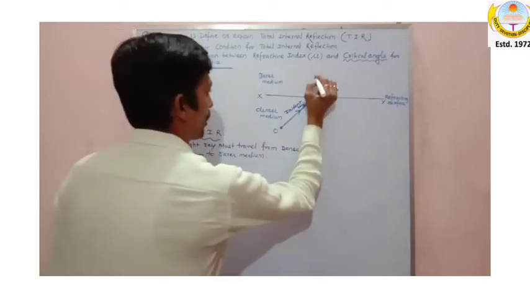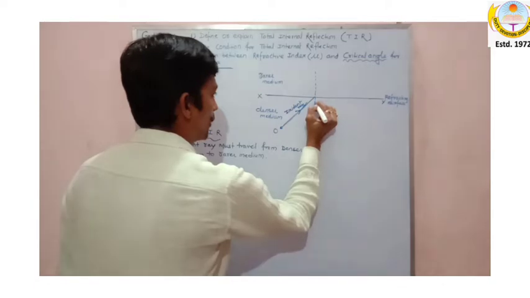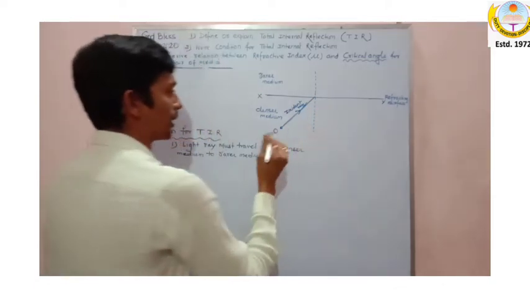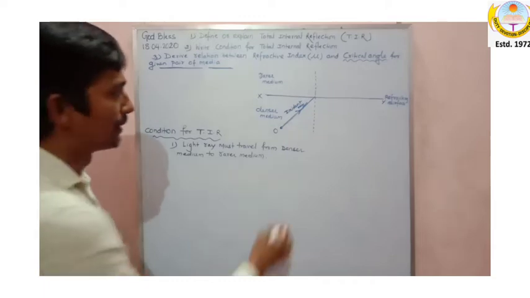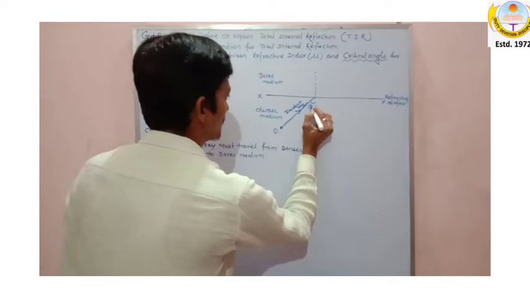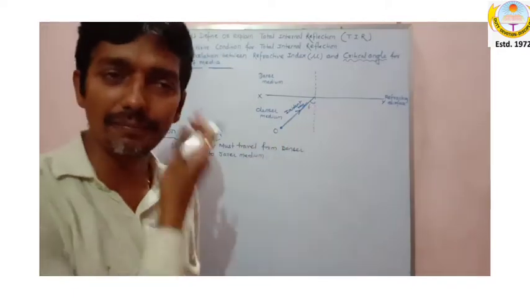And here I have drawn the normal. Okay, this you all know, so I am not doing anything new. Just look at the concept, what is happening. So I drew the normal, and this is the angle of incidence, i.